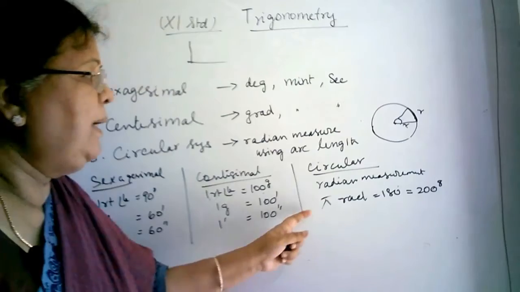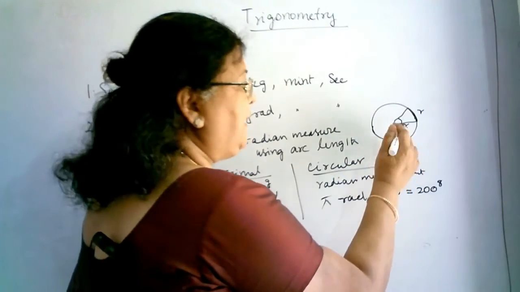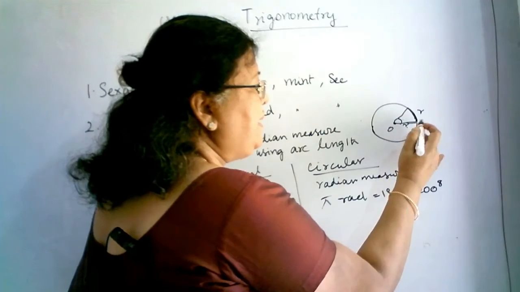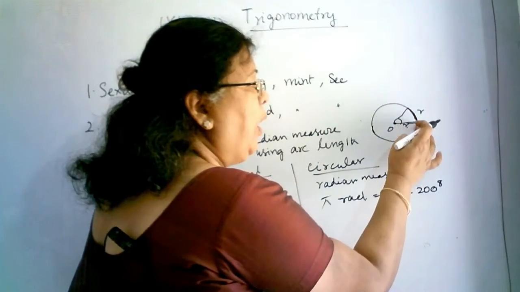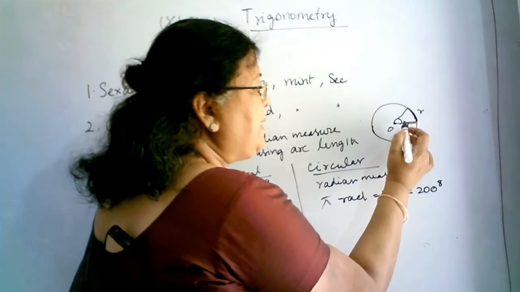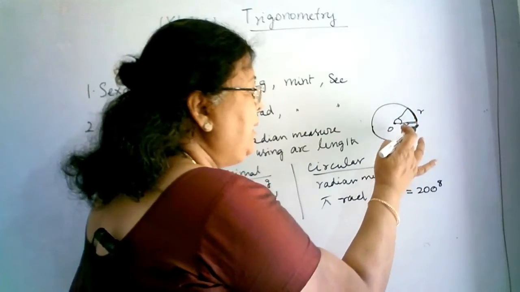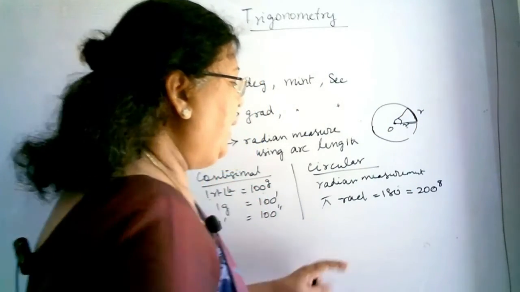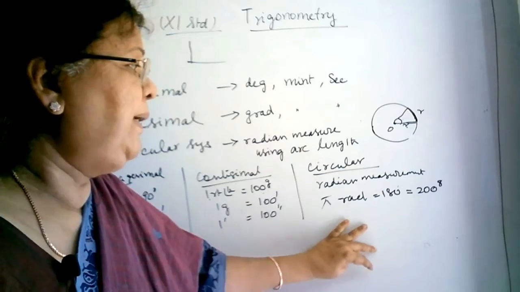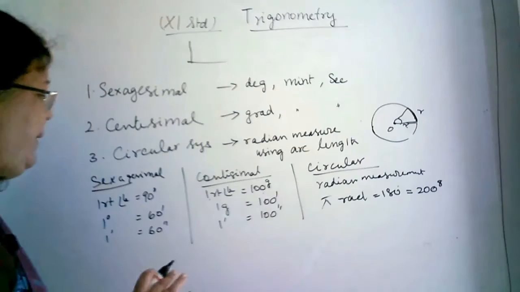I'll repeat once again. What is meant by radian measurement? You have a circle, this is the radius. We take an arc length equal to the radius, and the angle measured at the center by this arc is known as 1 radian. You should remember the formula: pi radians is equal to 180 degrees, which is also equal to 200 grades.